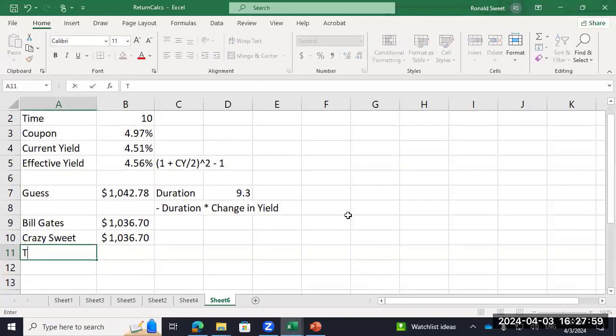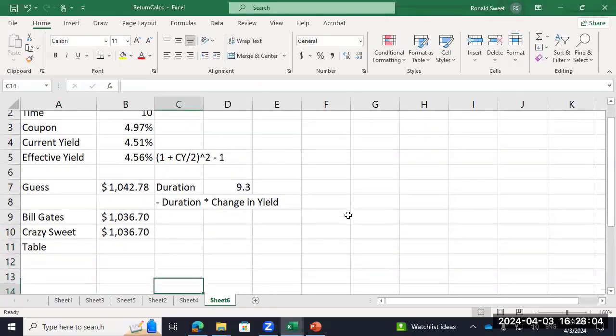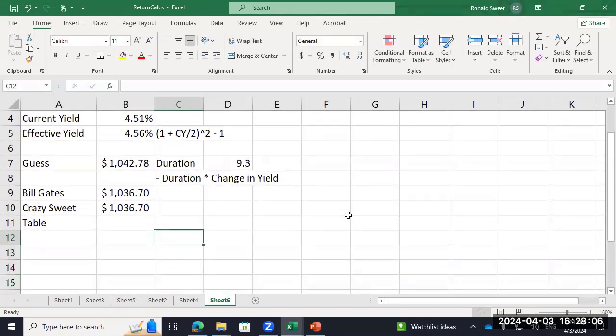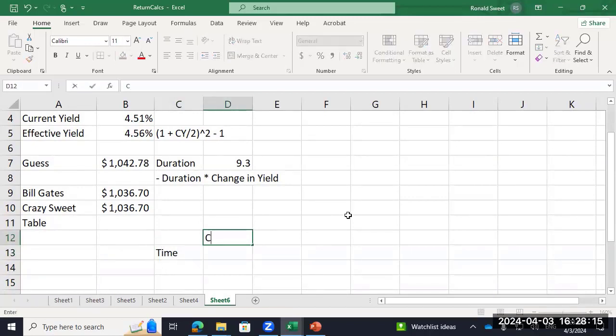But the required one is the table. So you've got to do the table. Anybody remember the columns without looking? Time. Your cash flow. What's next?